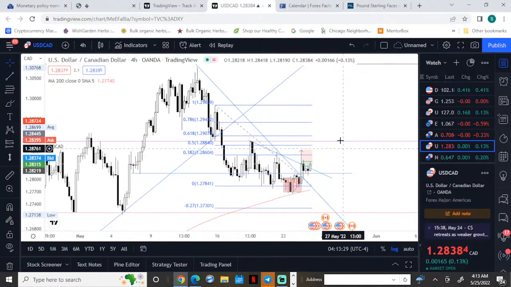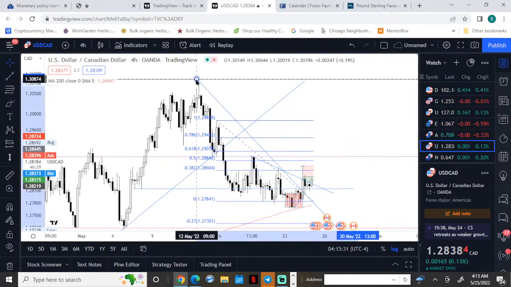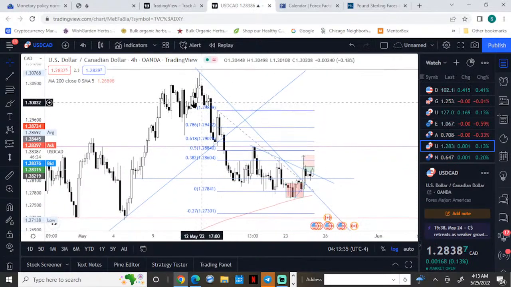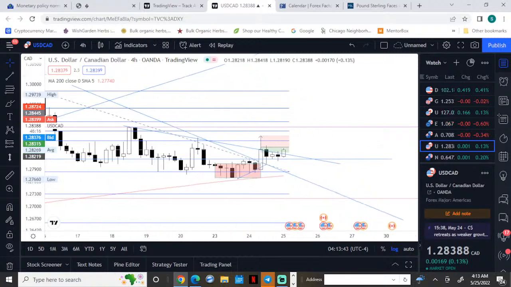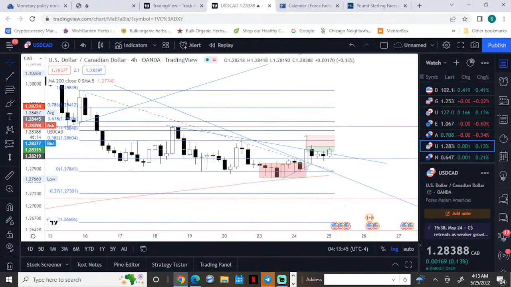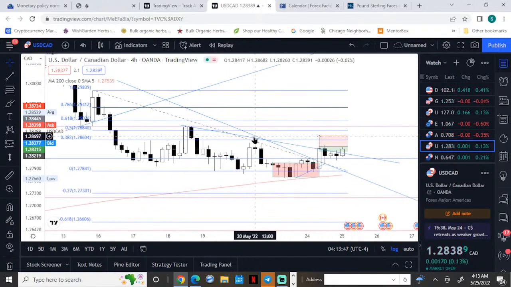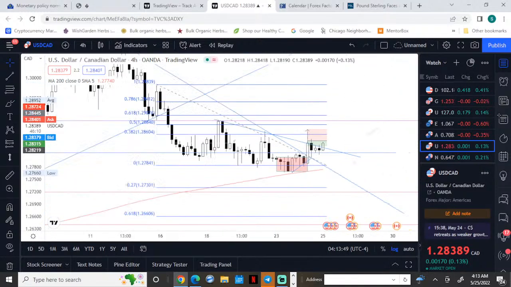I drew these two trend lines because this one came from May the 12th and I had a second point here. I need to bring that in a little bit more.